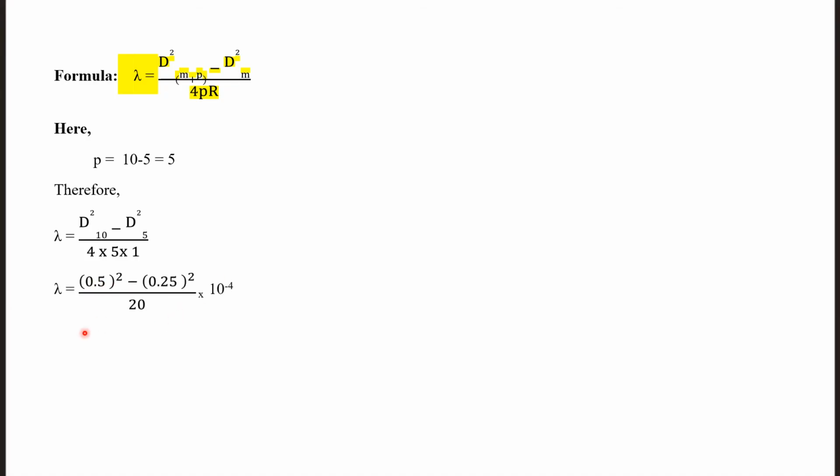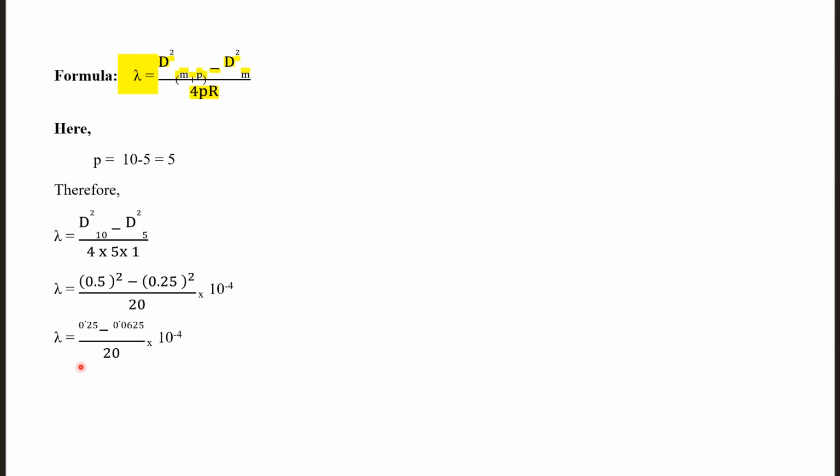So 0.5 squared is 0.25, and 0.25 squared is 0.0625, divided by 4 multiplied by 5 multiplied by 1, which gives 20. So (0.25 − 0.0625) divided by 20 into 10 to the power minus 4.